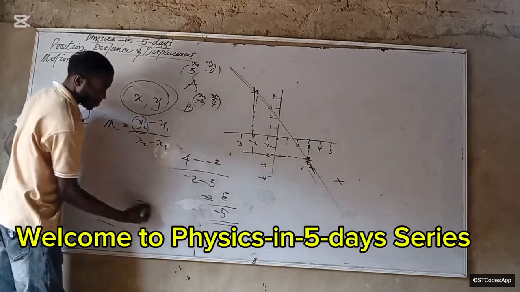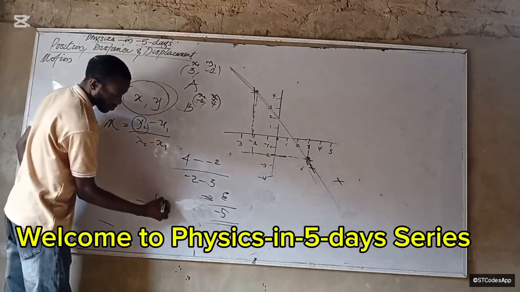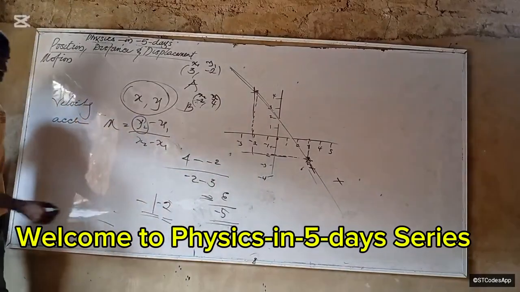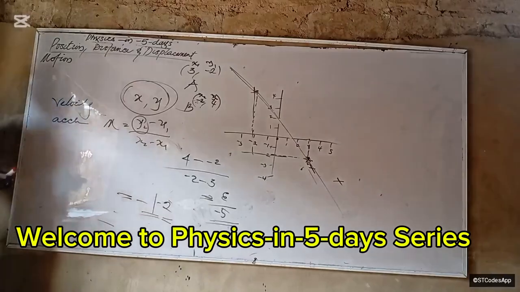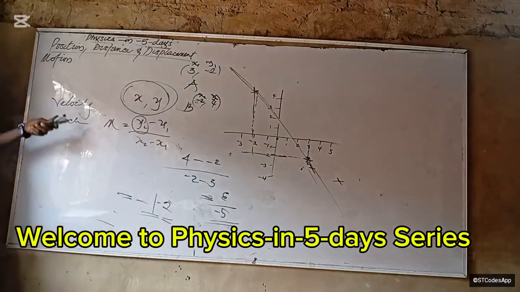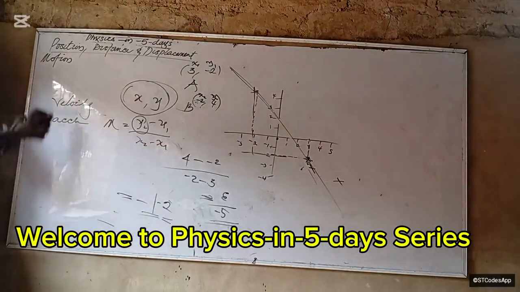So the answer is what? Minus 1.5. Is that 1.2 rather? Is that okay? By the time you solve that, that is how to check for the velocity, which will be the slope of the position-time graph.